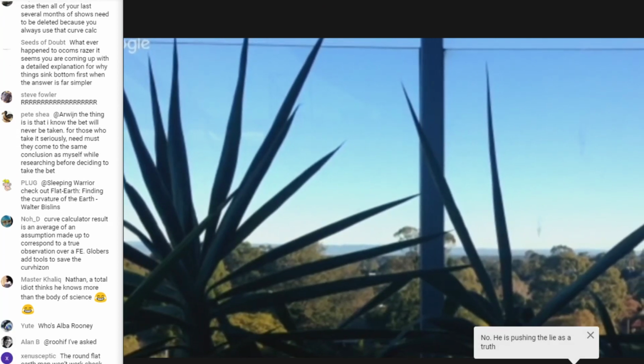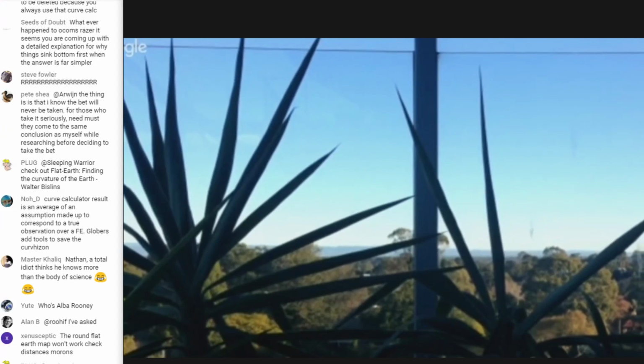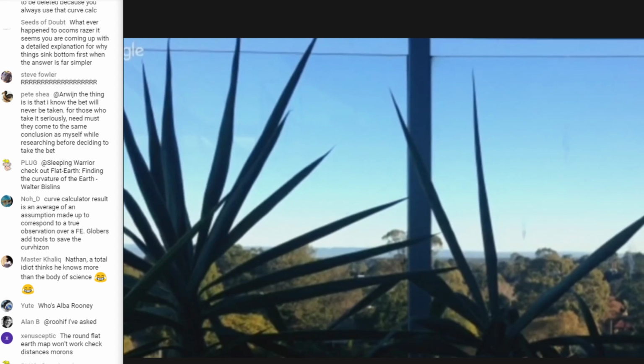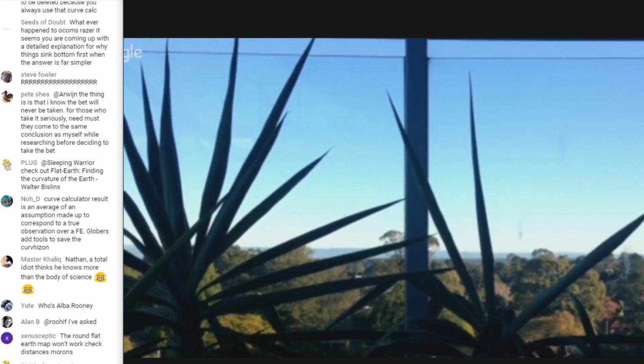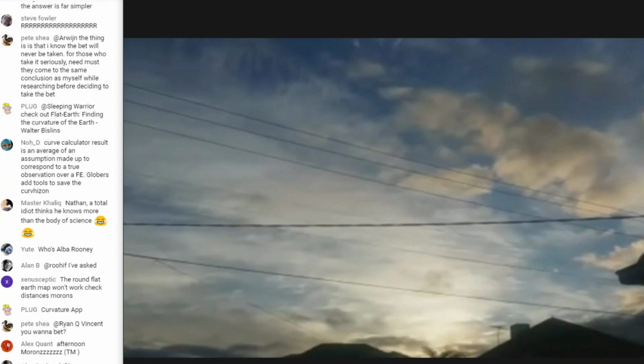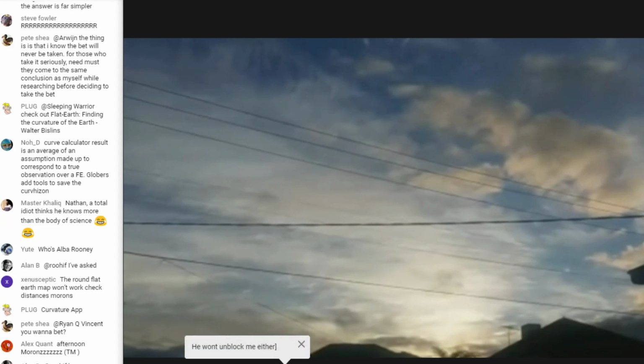And can I just address Alan B's request in chat? He's saying, Tony, can you unblock Ruhif? And my answer is no, because Ruhif is one of the people that is pushing the lies as truth. He's pushing that the actual height is what the hidden should be applied to. That's wrong. I don't believe that Ruhif hasn't worked this out.